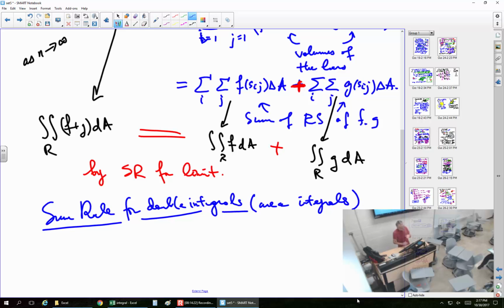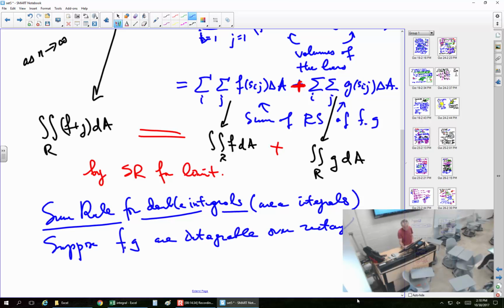Okay, so double integrals, or area integrals, is also a good way to put it. Area integrals meaning the domain. So suppose f, g are integrable over rectangle R, then so is f plus g. So I'm talking certainly here about two functions of two variables.